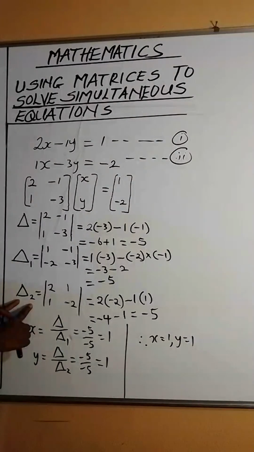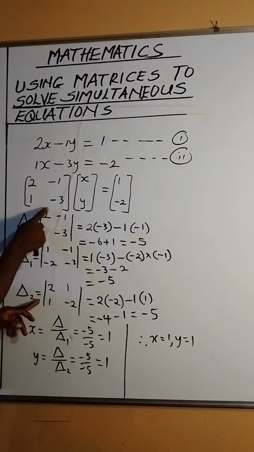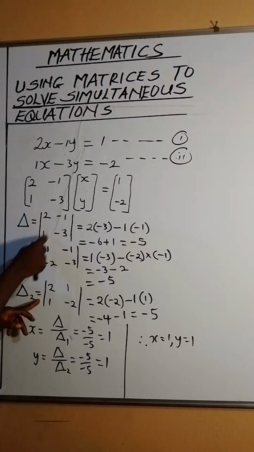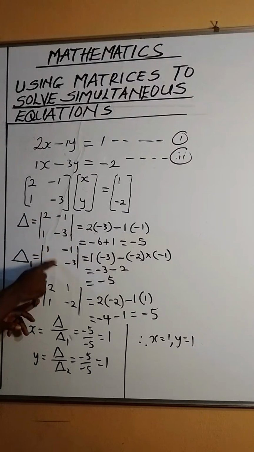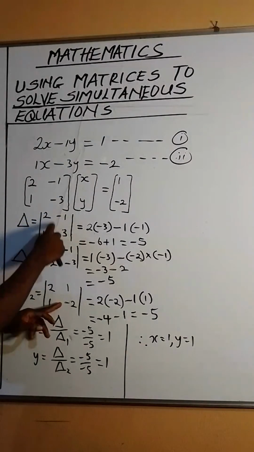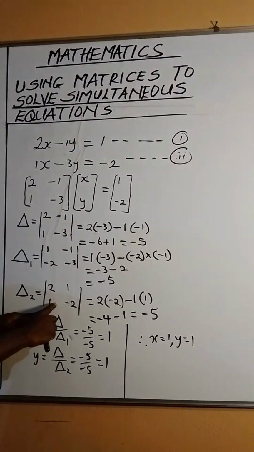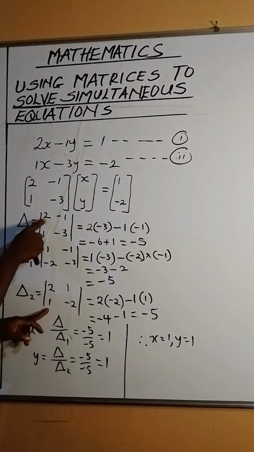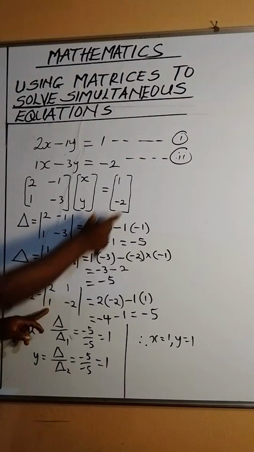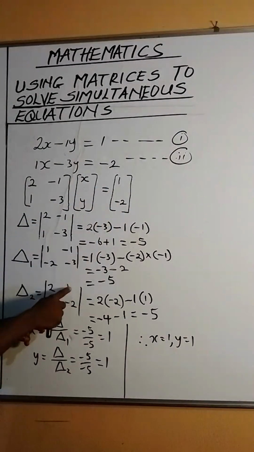Then for delta 2, we are not going to replace this column. Remember, for delta 1, we replaced it with 1 and minus 3. For delta 2, we will now come here and do the replacement. We take out this column and use the constants to replace it. So for delta 2, 2, 1 remains 2, 1 here. Then we use 1 and minus 2 to replace it here.